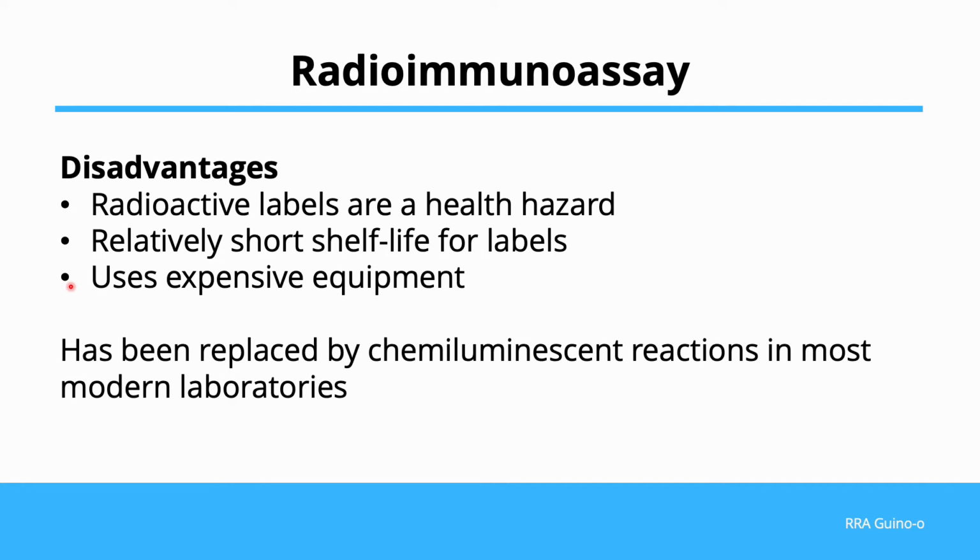Radioimmunoassays also use very expensive equipment, and the equipment can really only be used for this type of test. So it is not very practical if you wanted to perform a wide variety of tests. For these different reasons, radioimmunoassay has been replaced by chemiluminescent reactions in most modern laboratories.